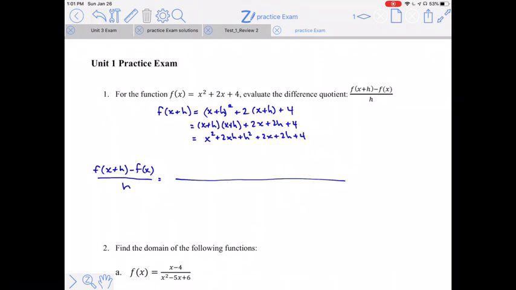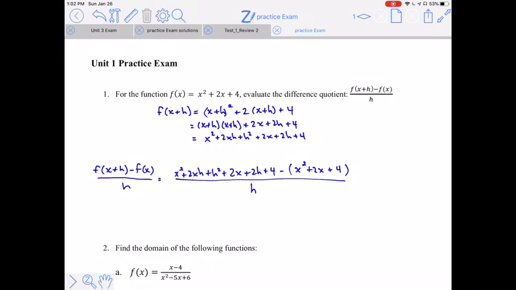Rather than writing f of x plus h, we can write x squared plus 2xh plus h squared plus 2x plus 2h plus 4. Now it says here we're supposed to subtract f of x. When we're subtracting an entire function, we need to subtract the entire function in parentheses, and then that's divided by h.